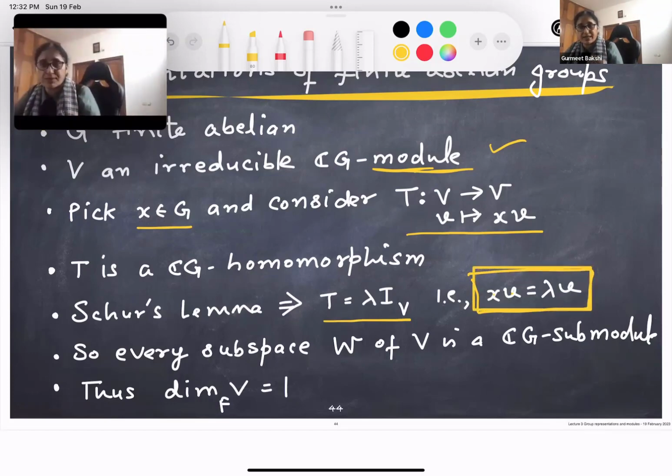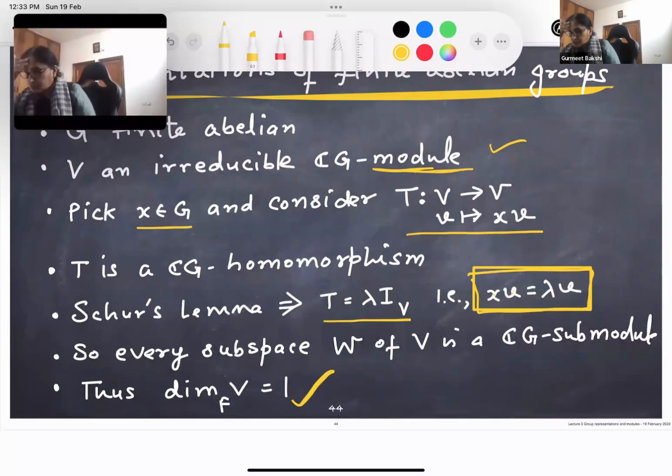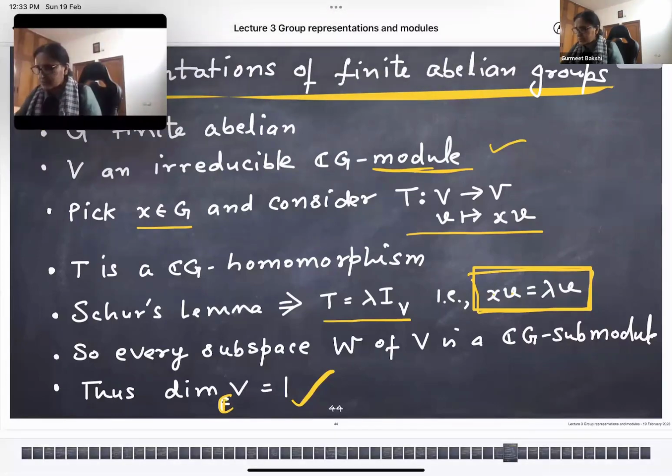But your V as a CG module is irreducible. It does not have any proper submodule, meaning that it will not have any proper subspace, which means that its dimension is 1. So therefore, this is C, or if I replace it with an algebraically closed field, then you get this.